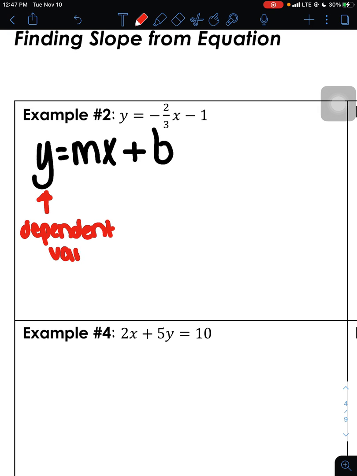This is really big. I'm going to have to erase this to be able to do the problem. B is going to be the y-intercept. I'm sorry, y'all. I'm not sure why I jumped around like that. That's not spelled right. M is going to be the rate.